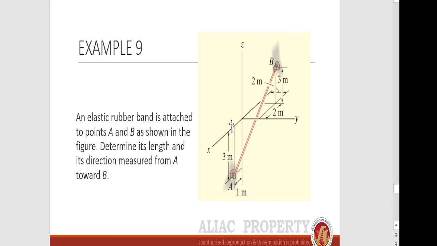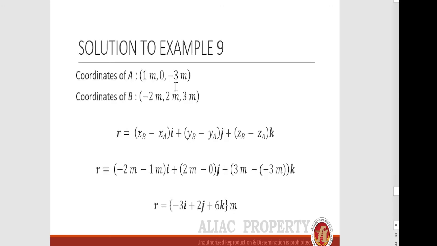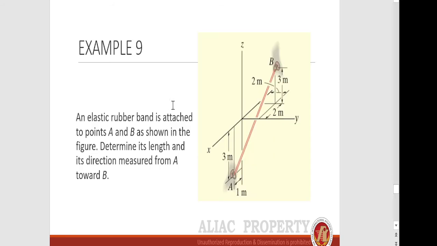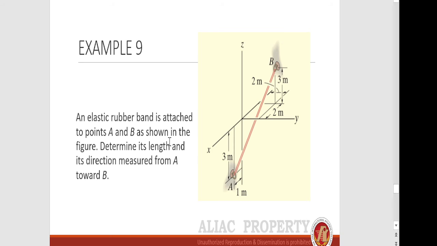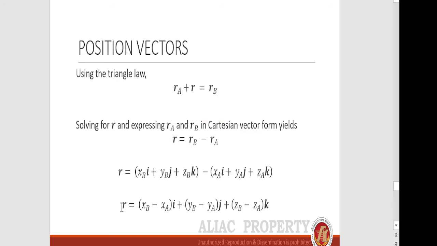Check the direction also, going down, so it is negative. For B, up, away, so minus, plus, plus. So R should be from the formula that we have here.